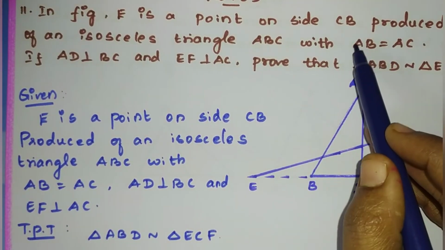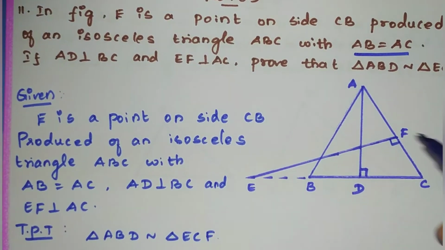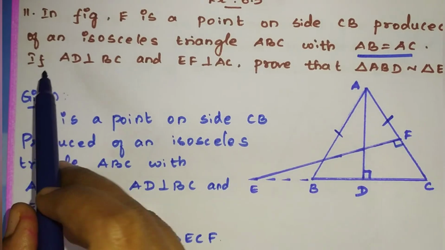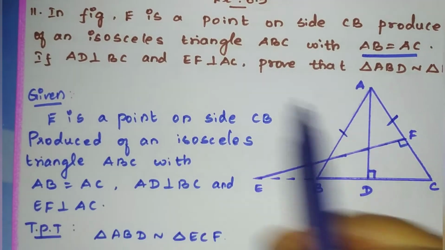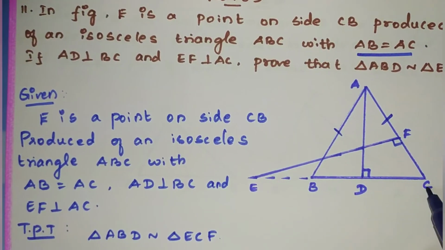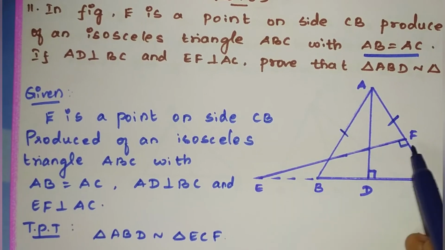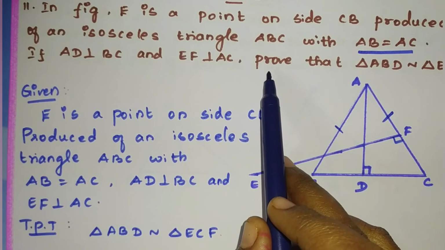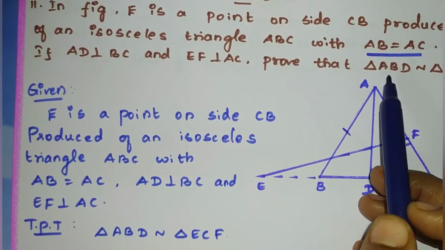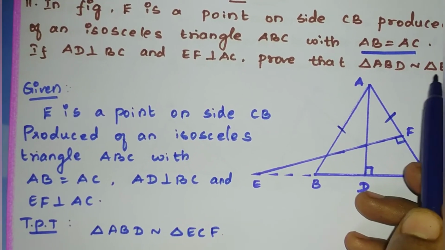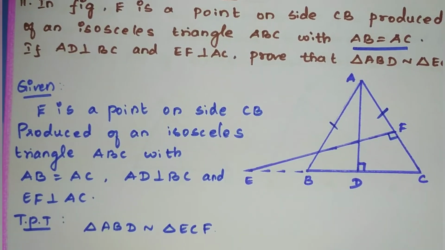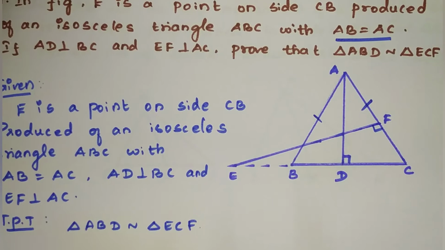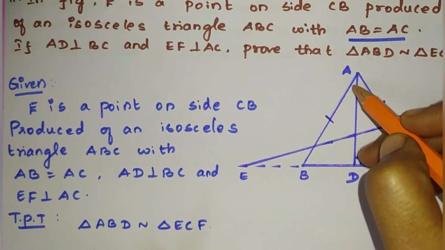So they mentioned that AB is equal to AC. If AD perpendicular to BC and EF perpendicular to AC, then prove that the triangle ABD is similar to the triangle ECF. Clear?